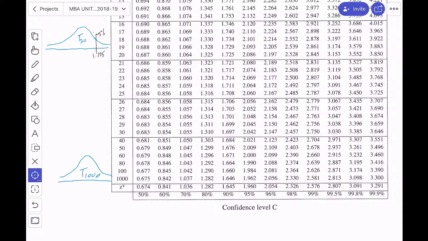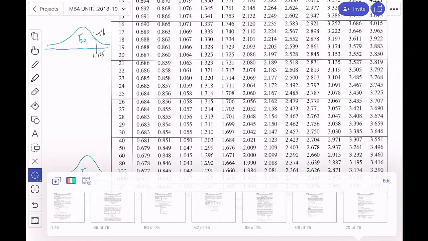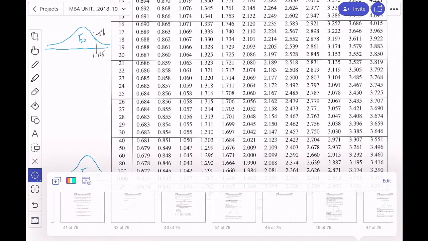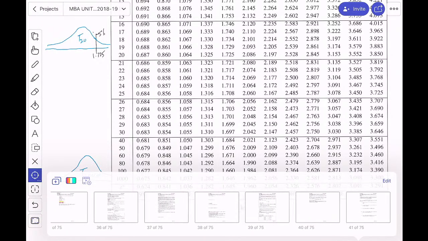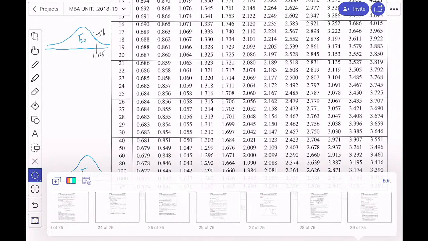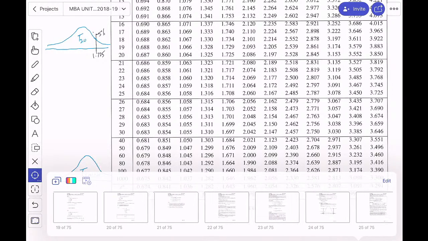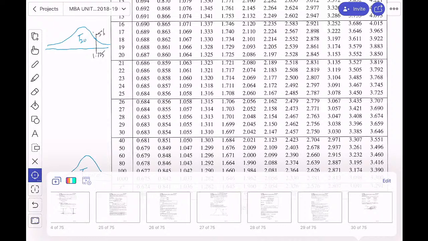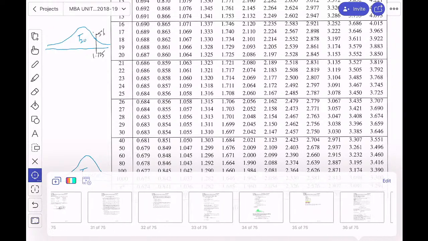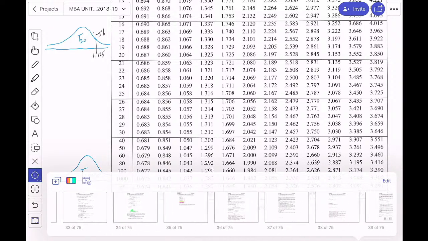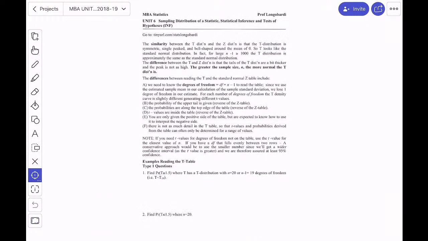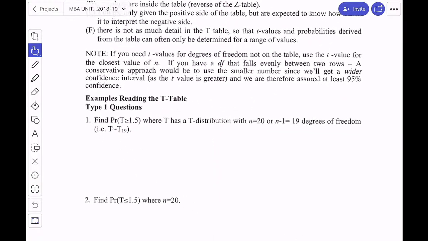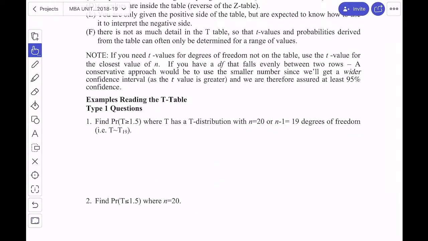So let's go to the exercises on the T distribution, and then I will work with sigma known and then unknown. So here are some exercises on page 37 where I apply the T distribution.